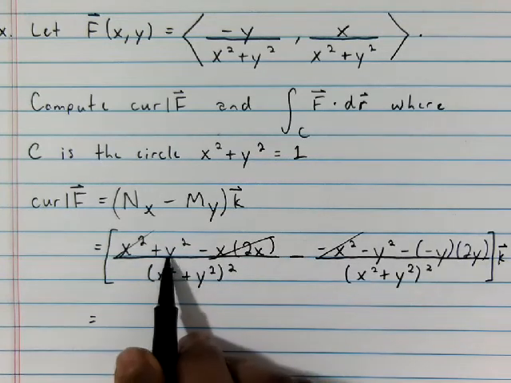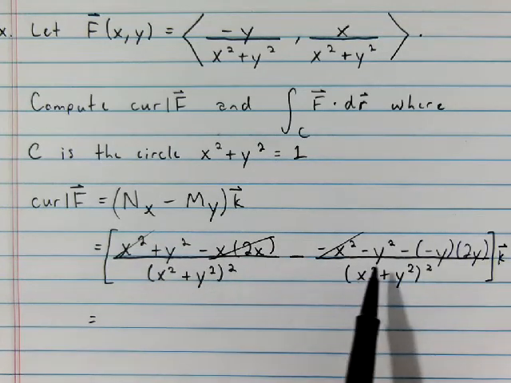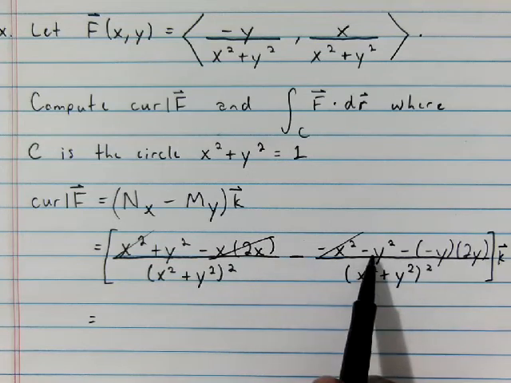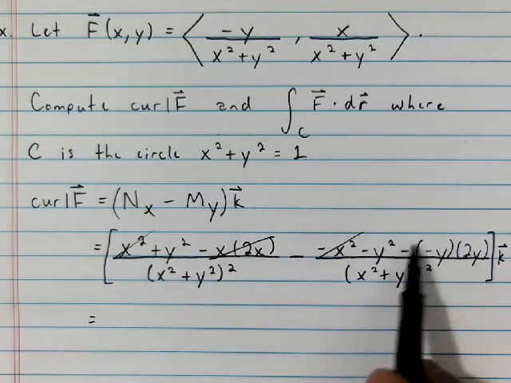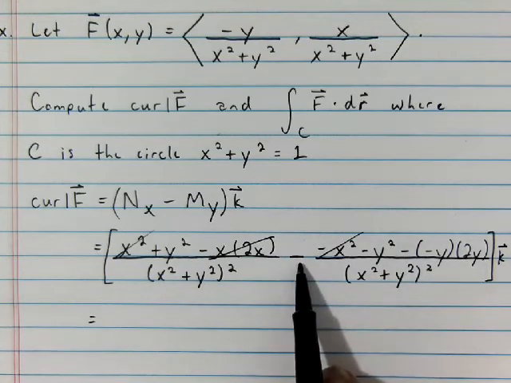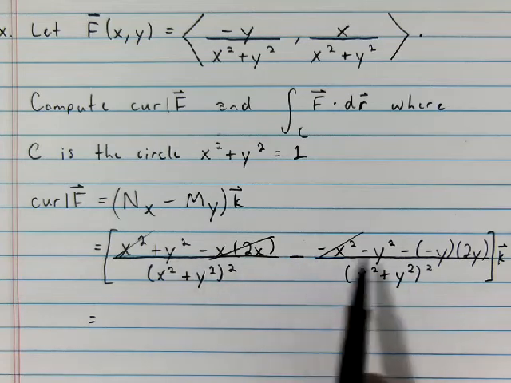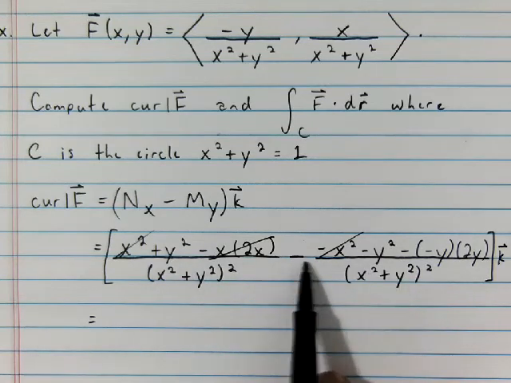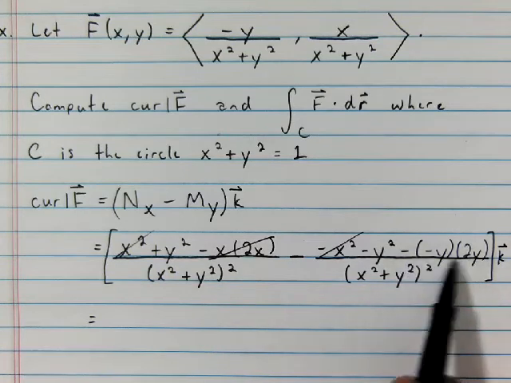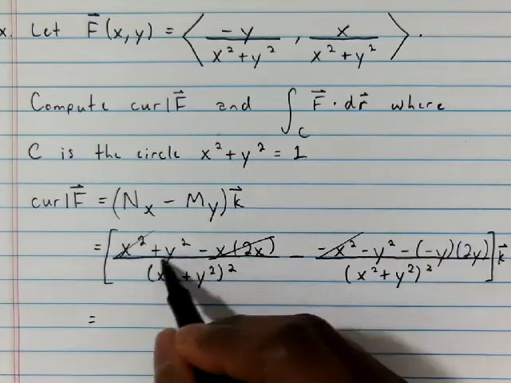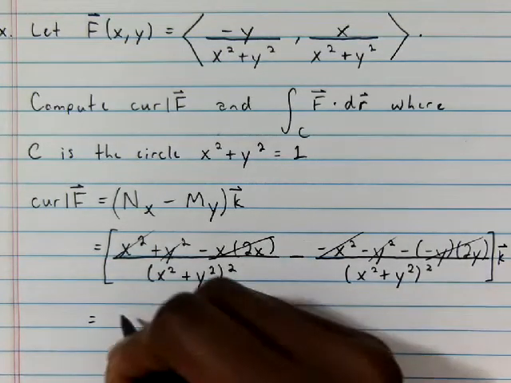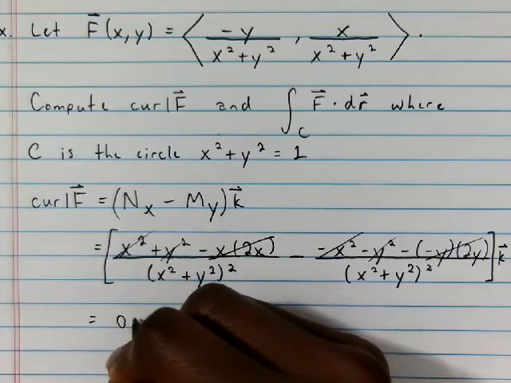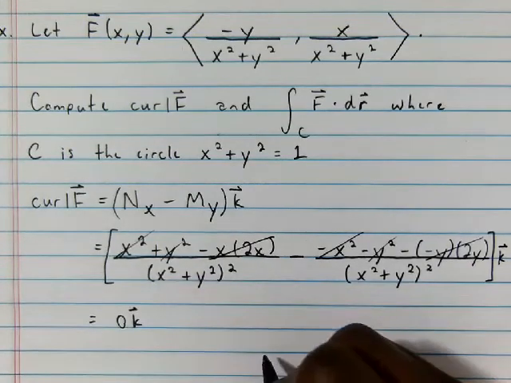So we end up with y squared plus y squared, which gives us 2y squared, and then here we have another 2y squared, but that one is negative. So we do get 0. This cancels with that and that. So we do get 0k, or the 0 vector.